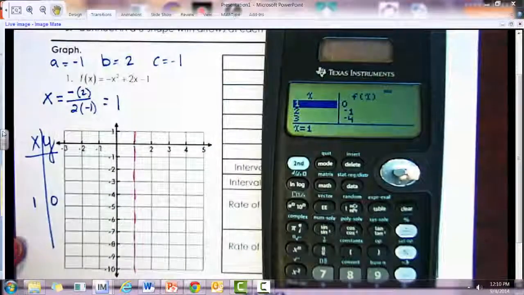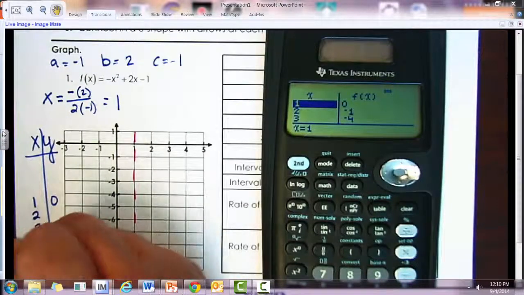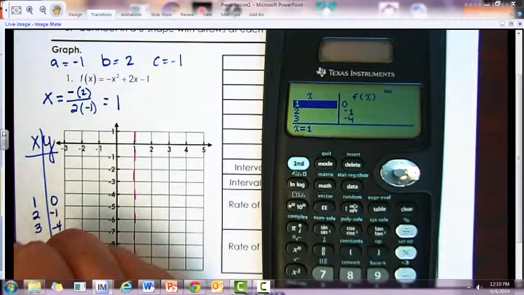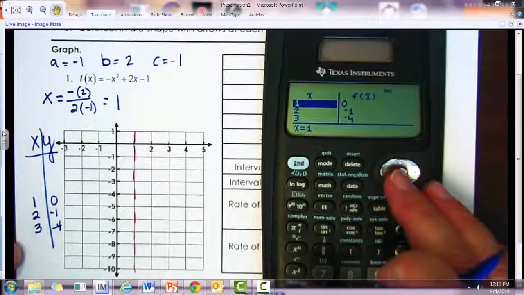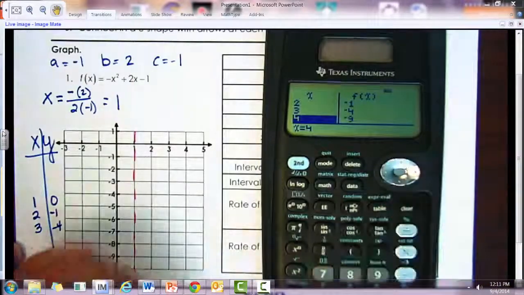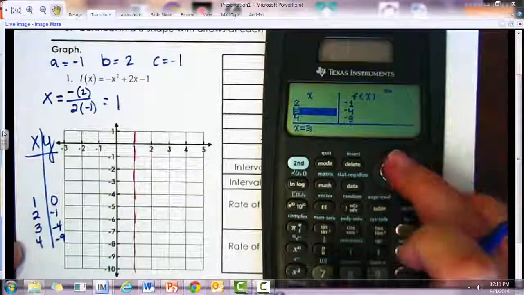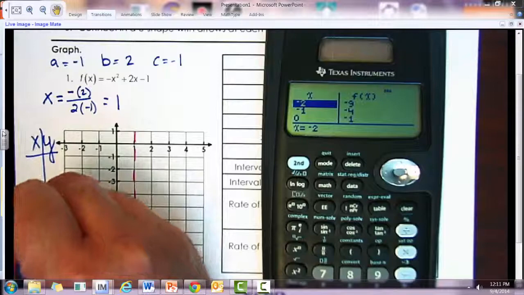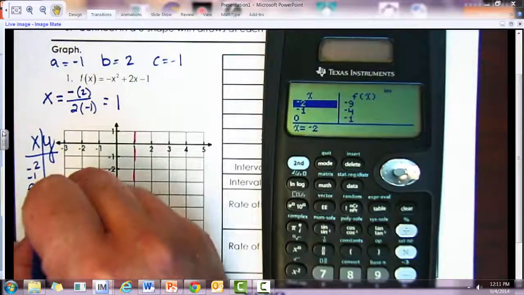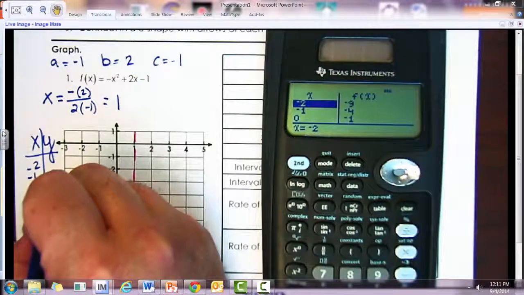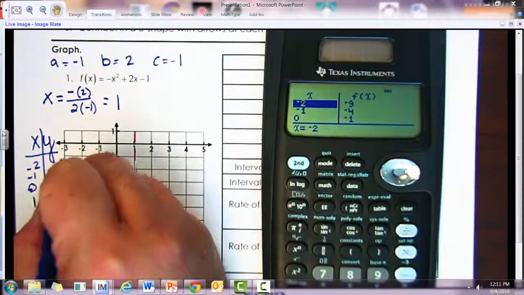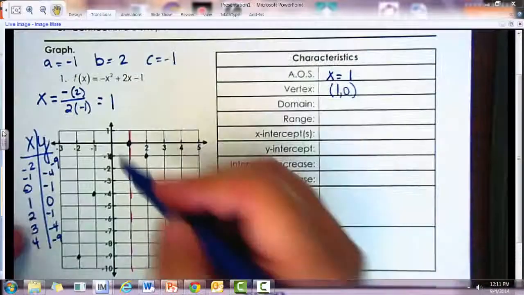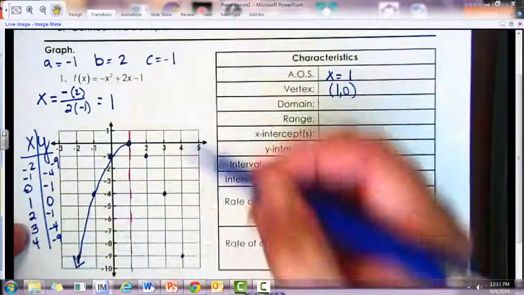We're going to scroll up and scroll down to get other values. We're going to plot these values and they connect in a U shape, putting arrows at both ends.